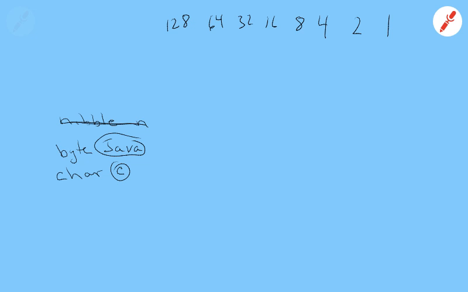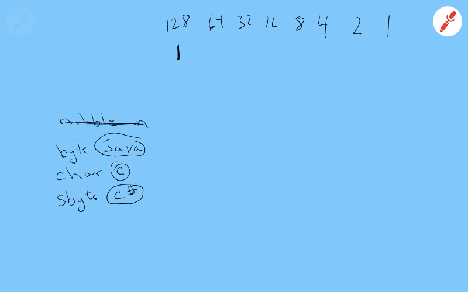A char in C is 8 bits of space. And an sbyte in C#. So internally, all of those are the same. And it means that this most significant bit is the sign bit.